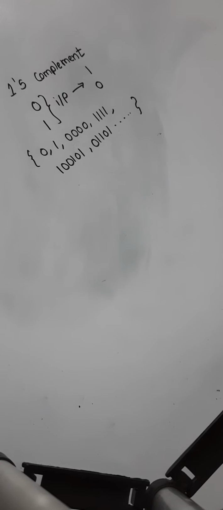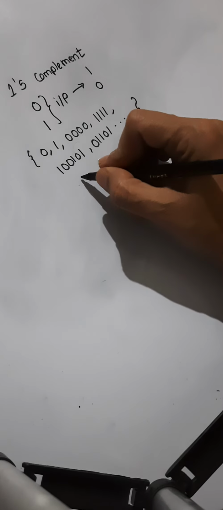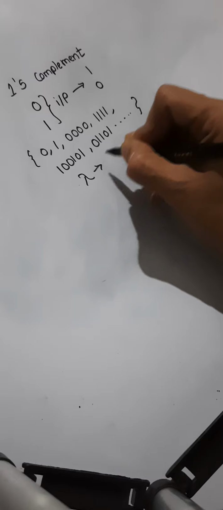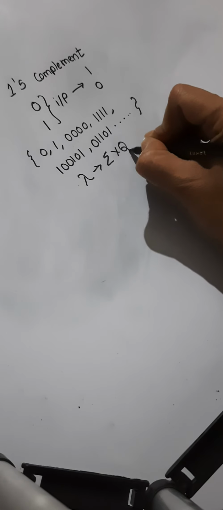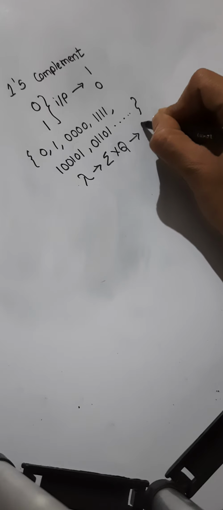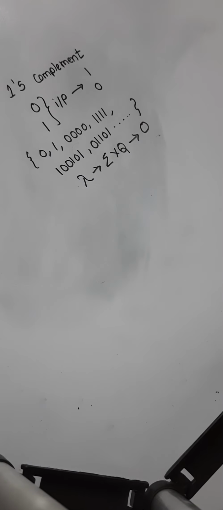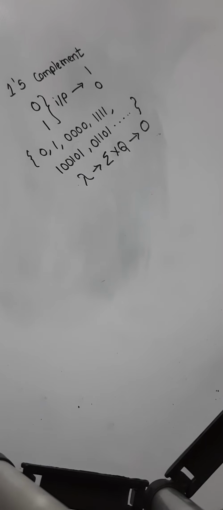So students, let's start with how we are going to solve the Mealy machine. As in the definition we have seen, the lambda says that input symbol into capital Q gives you an output O. So here there is a difference between Mealy and Moore in the form of lambda.